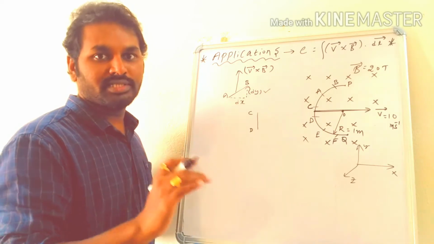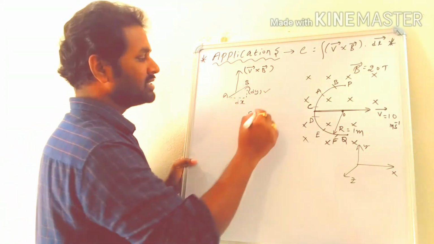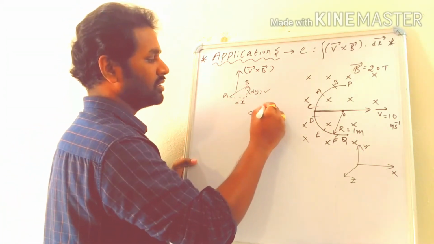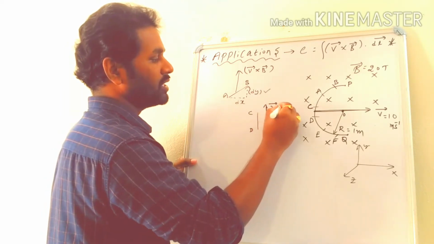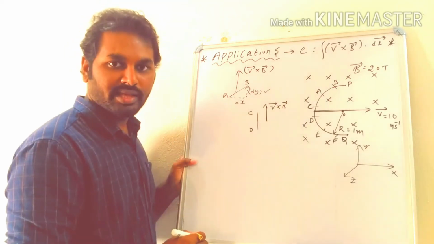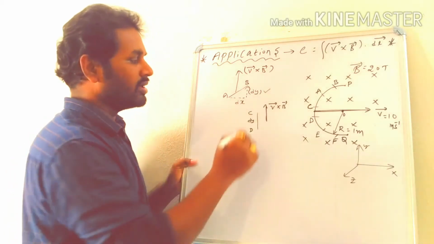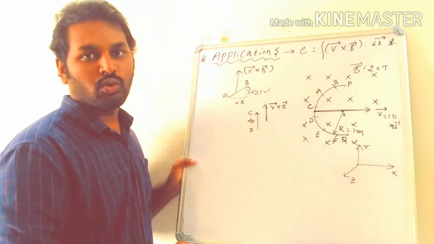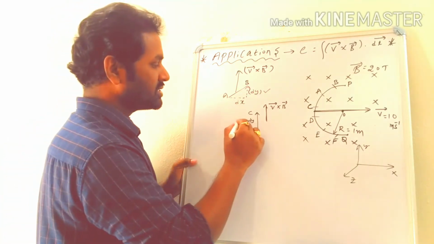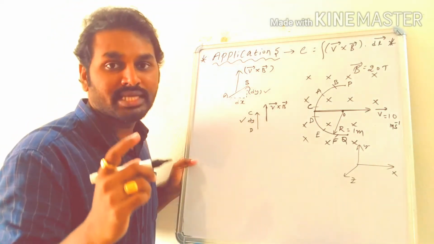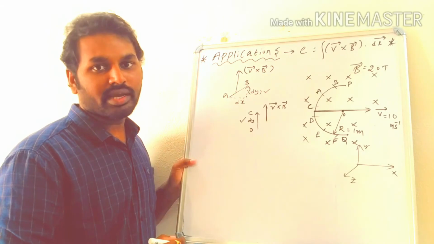No need to divide this into components. So directly you can take on this element the direction of V bar cross B bar along the positive y-axis, and the length of this element, again named dy, is also along the positive y-axis. We need to consider this elemental part of the semicircular conductor.